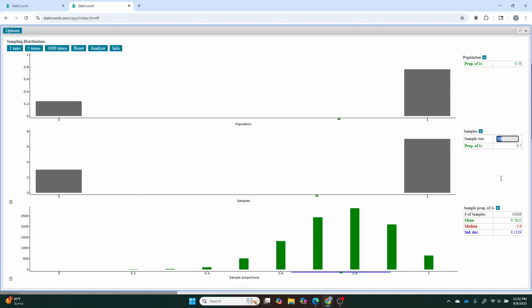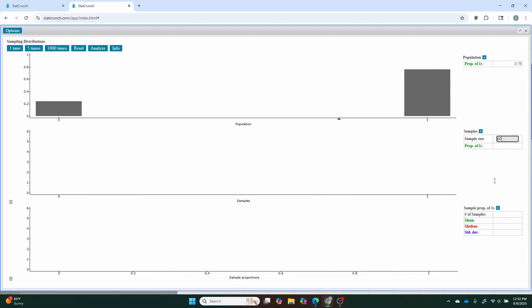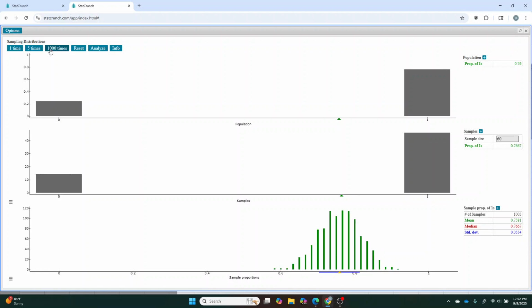If we change this to a sample size of 60, I bet we get something a little bit closer to bell-shaped, right? So here's the distribution now when we're using a sample of size 60. Or we could do 10,000, right? There's a little bit of a tail out here, but it's pretty darn symmetric, pretty darn bell-shaped, okay?